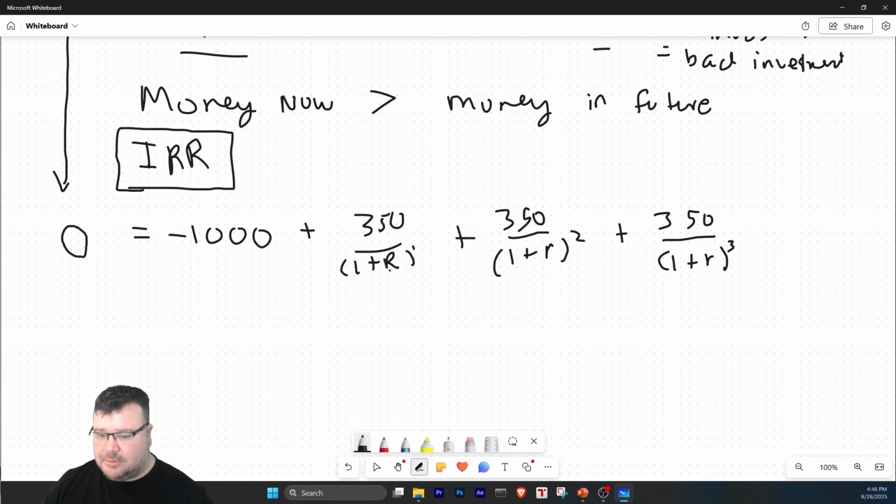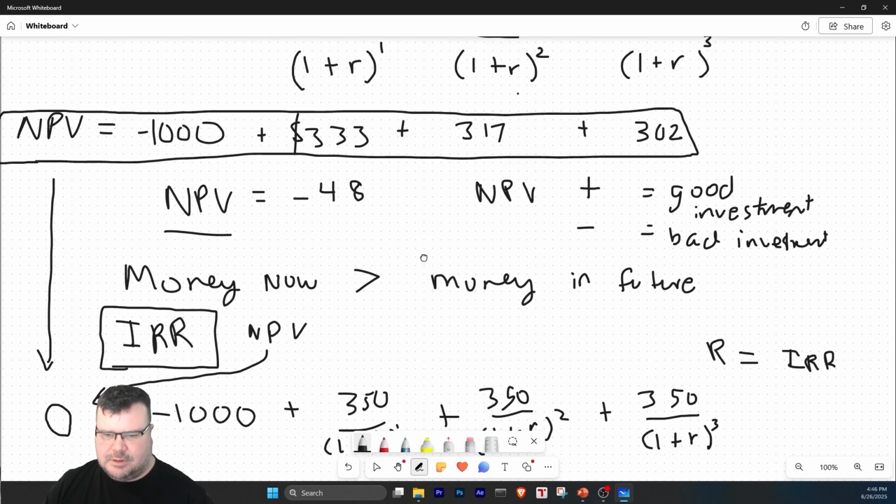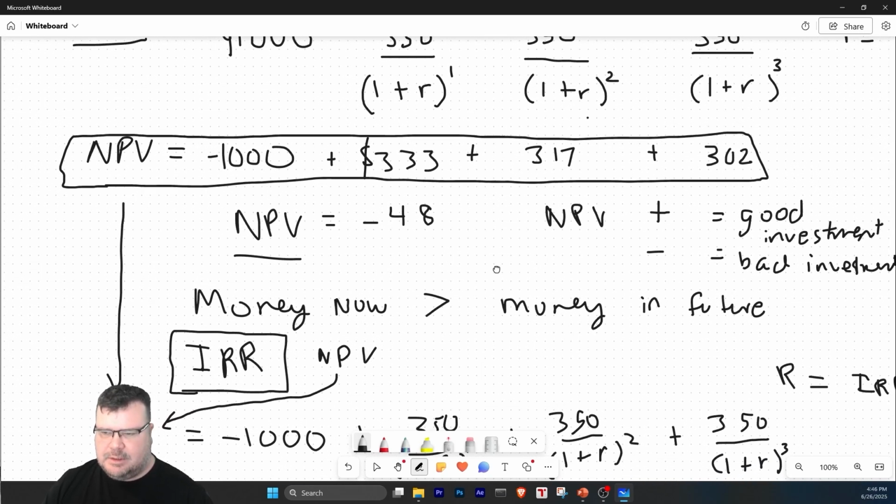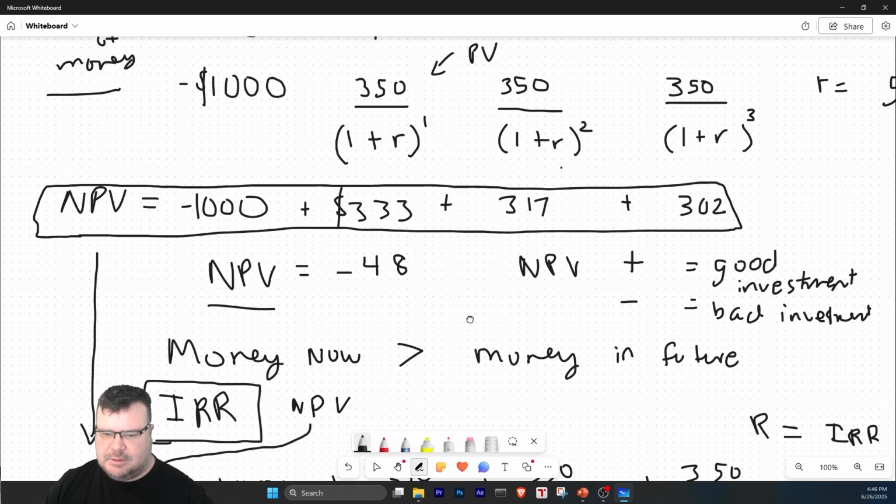So we've got to solve for R. R is going to be the internal rate of return when we figure this equation out. Internal rate of return: net present value is set to 0.